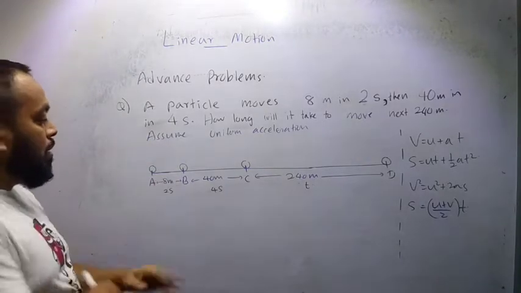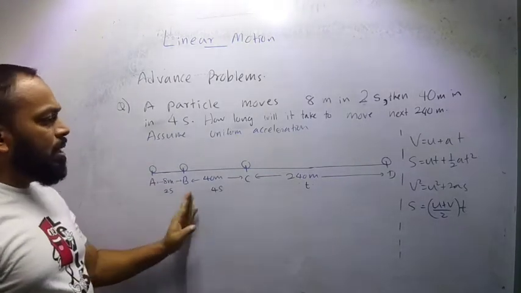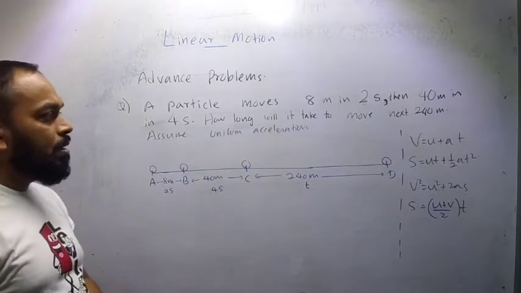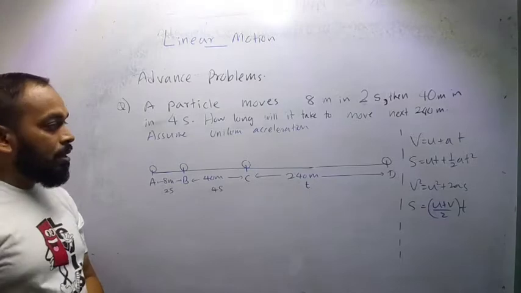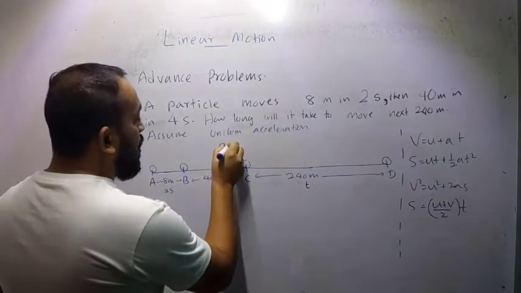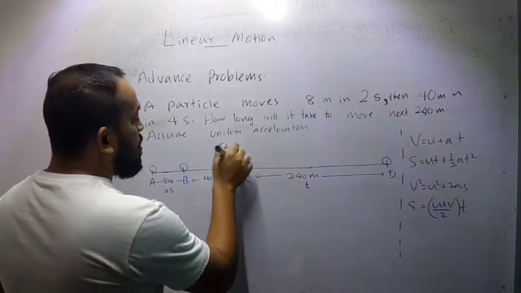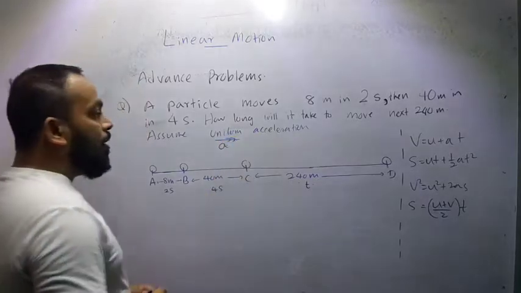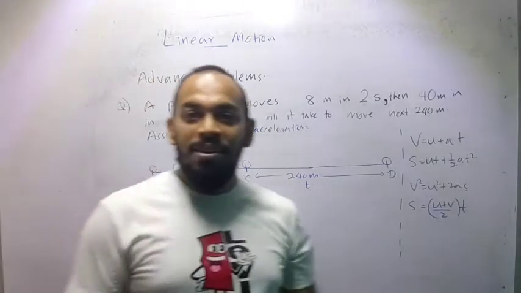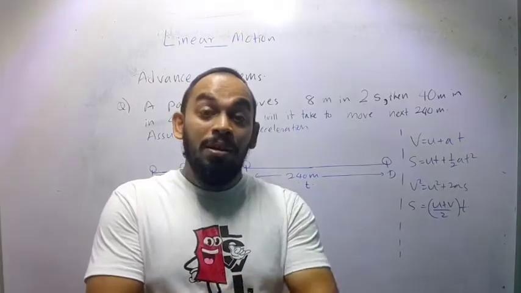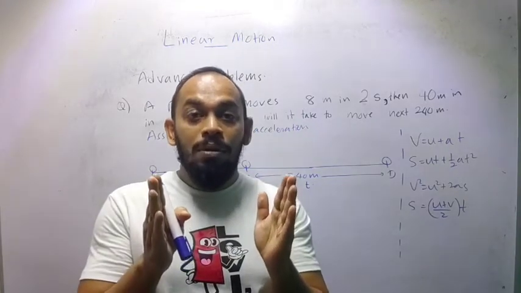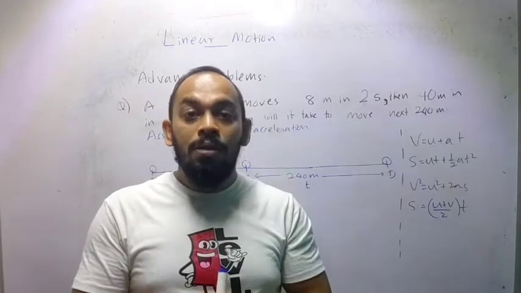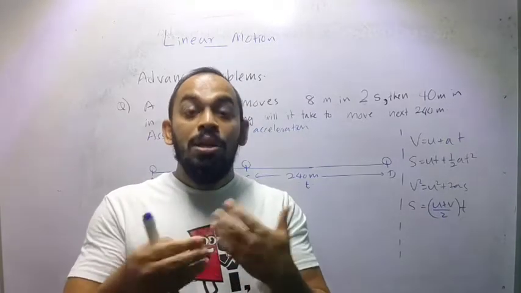A particle, so we can name positions A, B, C, and D. Right. So since this is with uniform acceleration, let's take the acceleration as A. You can see that initial velocity is not given, but if you want to use equations of motion, you have to start with some initial velocity.